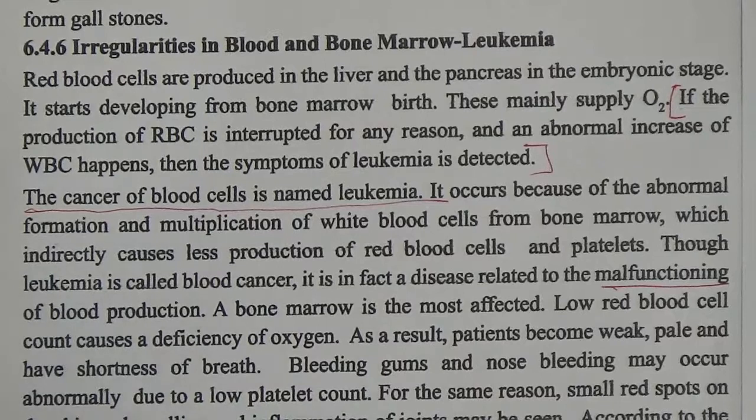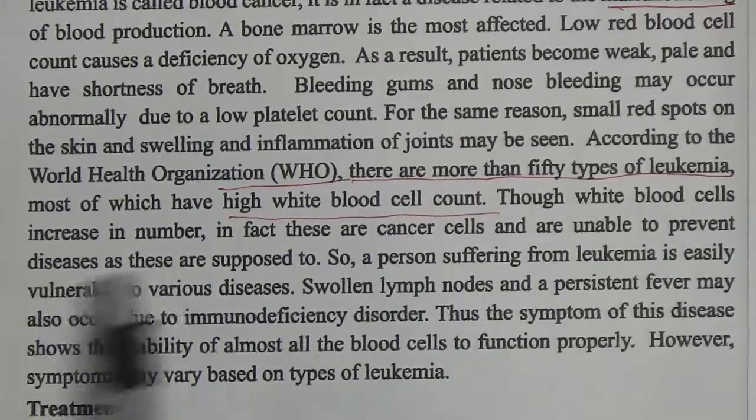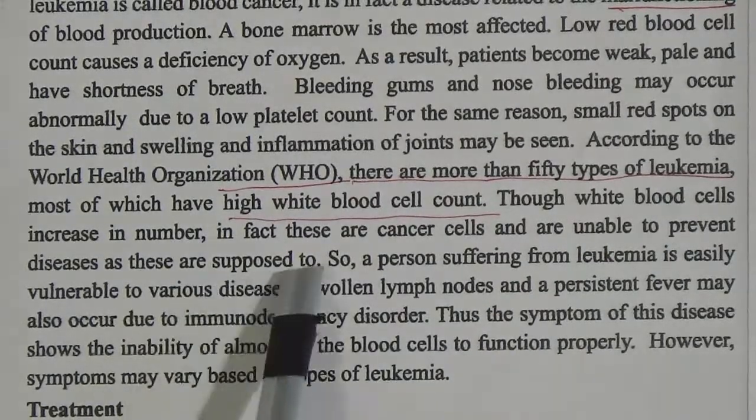Now the World Health Organization said that there are more than 50 types of leukemia, most of which have high white blood cell count. Though white blood cells increase in number, in fact these cancer cells are unable to prevent disease as they are supposed to.